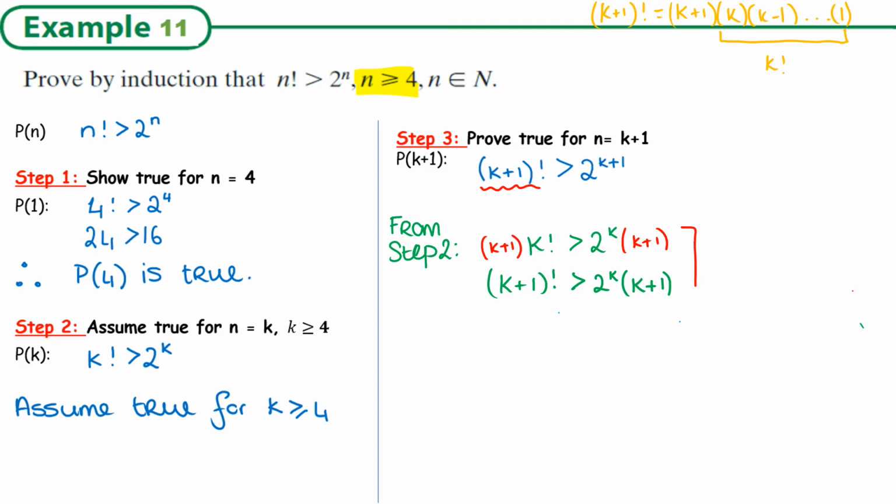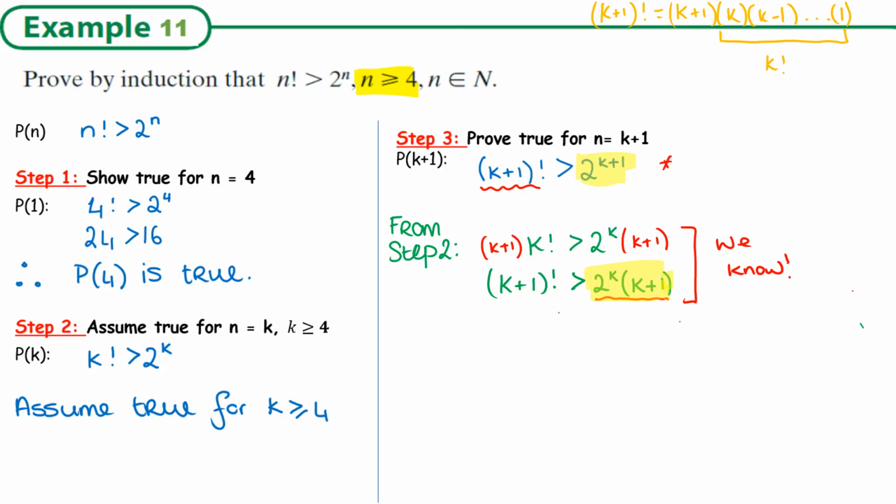Remember, this is what we know. We know that this is true, and we want to prove that this line here is true. So I know that k plus 1 factorial is bigger than this here. So I'm going to work with, just like in the last example, this piece and this piece. So I know that k plus 1 factorial is greater than 2 to the power of k times k plus 1.